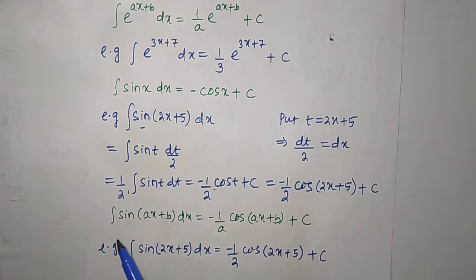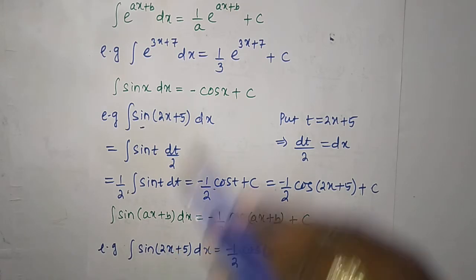The integration of sin (ax + b) is minus 1 by a cos (ax + b). So in this example, sin (2x + 5), the value of a is 2, so minus 1 by 2 cos (2x + 5) plus c.